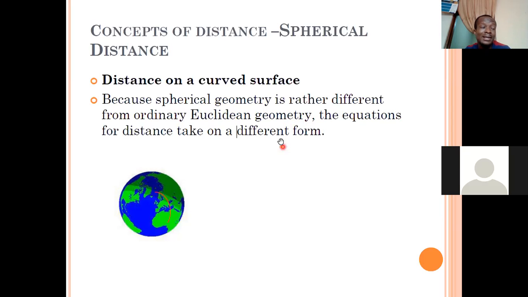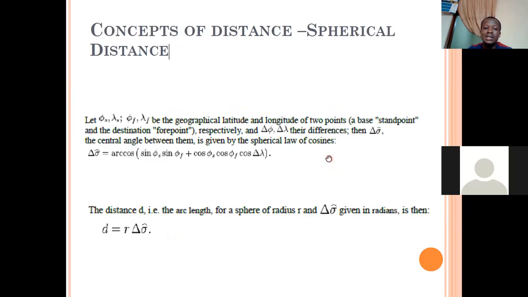Remember the epsilon? The latitude and the longitude are used to compute the distance, but the distance that you are measuring is not in kilometers per se. You obtain the so-called spherical distance, which at the moment is represented by this symbol here, what we refer to in cartography as the epsilon.